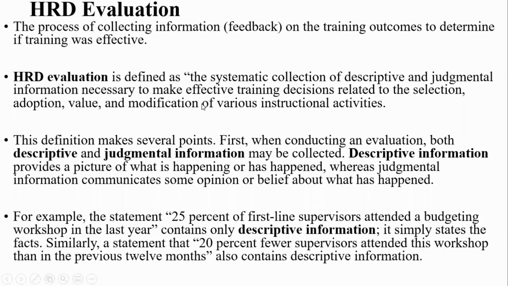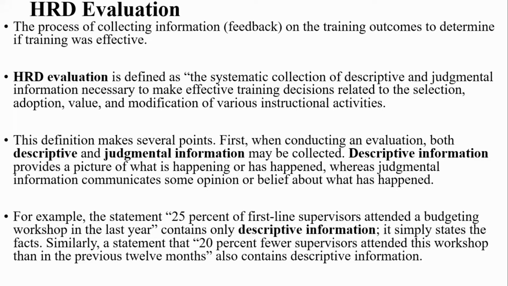Now, so when we say the evaluative process must end up collecting descriptive and judgmental information, what does it mean? Descriptive information is just like what you did in your research methods or quantitative methods. So in there we are referring to the extent to which you can create a comprehensive picture of what happened during the training process.